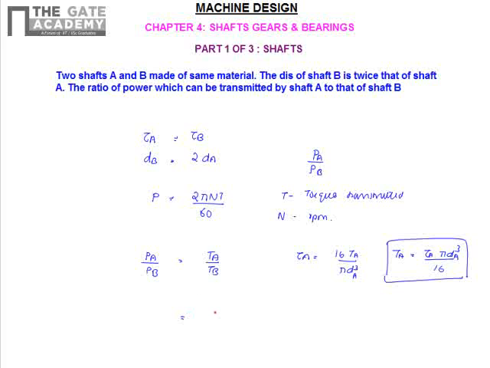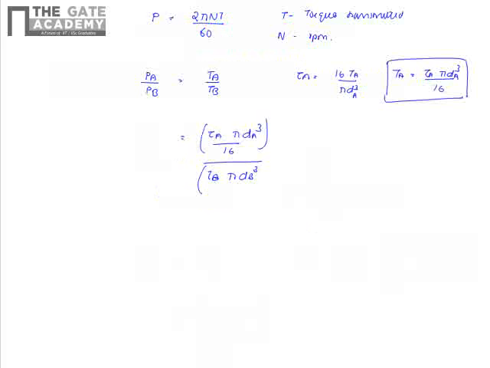So, the ratio of TA by TB will become tau A into pi dA cube by 16 whole divided by tau B into pi dB cube by 16. Now tau A is equal to tau B, so this gets cancelled. So finally we get this as dA by dB whole cube.